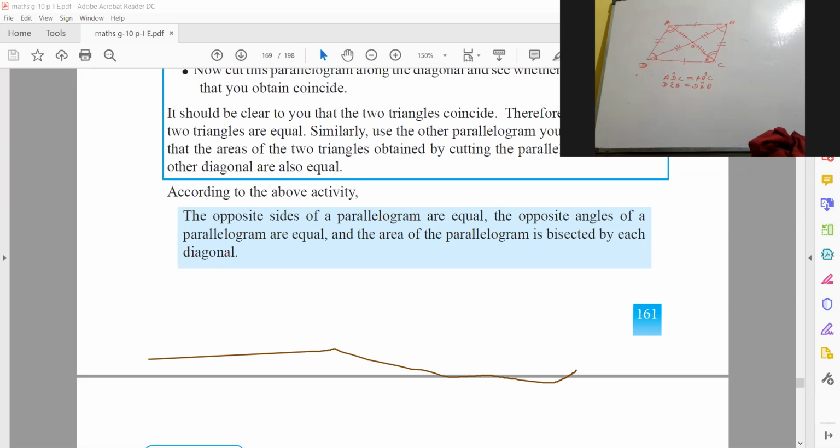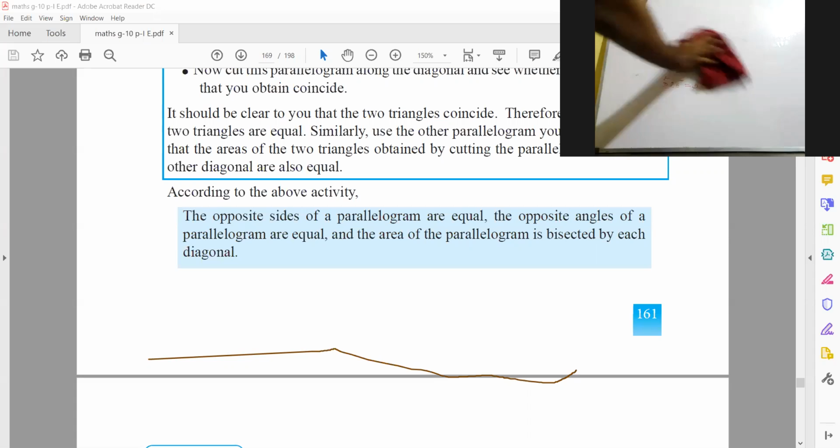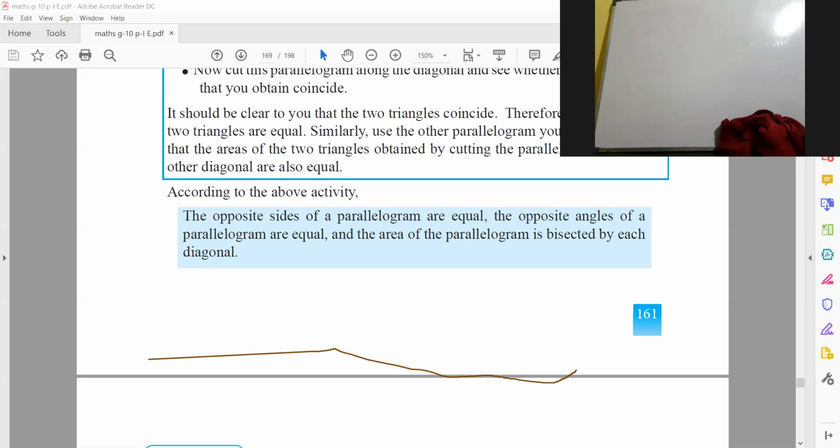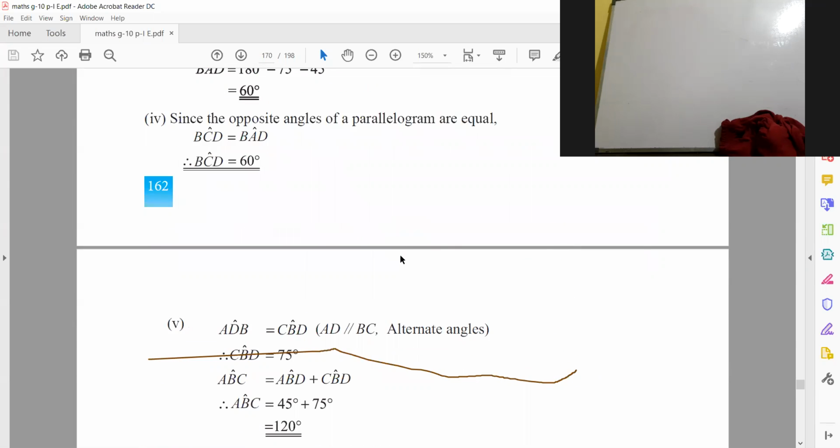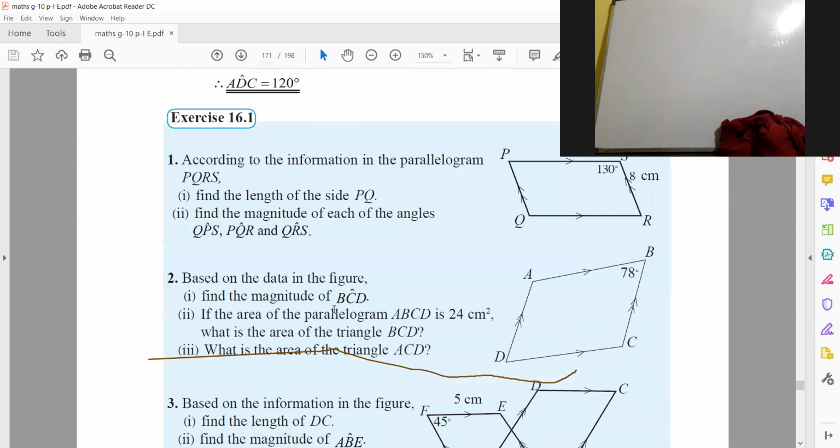Now let's try a question from these properties, right? I think you have done these questions, but let's do it once again so you can get some practice. Let's do this question. I think you can all see from the screen share Exercise 16.1, the first question, right? You guys can give it a try.